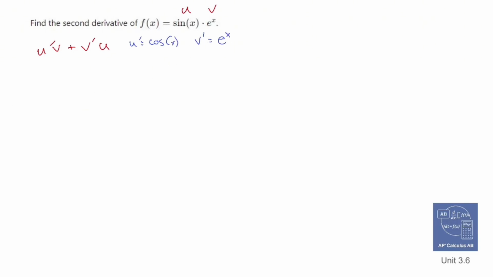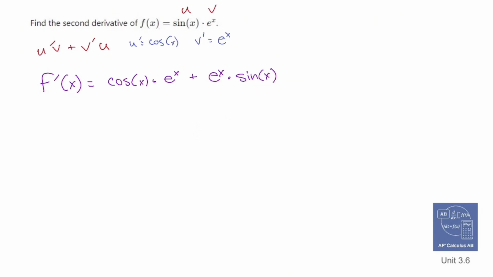Now, the first derivative then is going to be f prime of x equals u prime v, so cos x times v, which is e to the x, plus v prime, which is e to the x, times u, which is sine x.